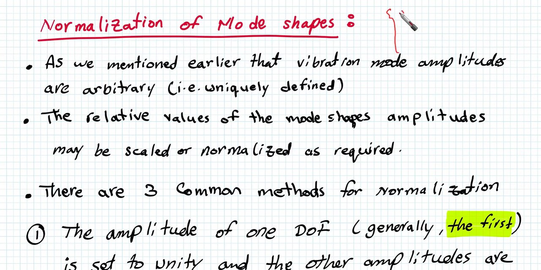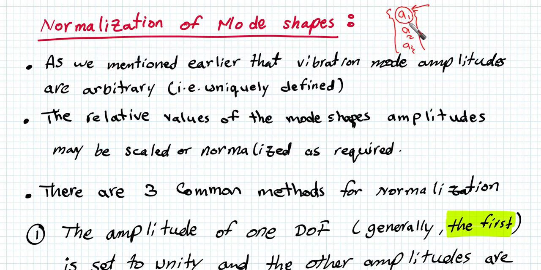If we have the mode shapes A1, A2, A3 and so on, we are going to look at these amplitudes and normalize them. This means we choose one specific value, one of the amplitudes, that is related to something we would like to normalize to.